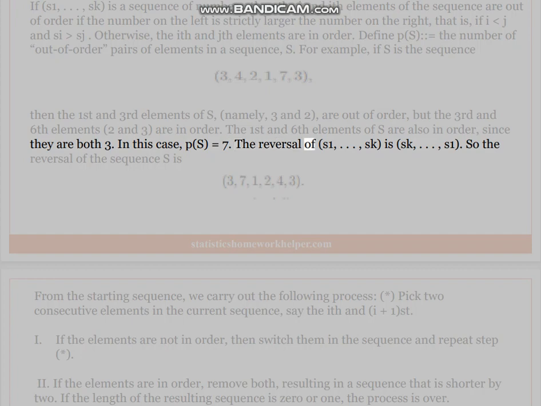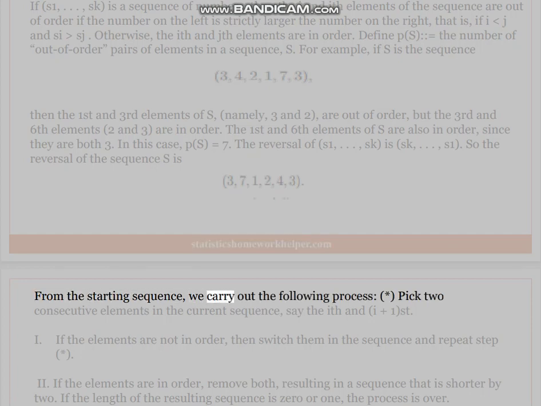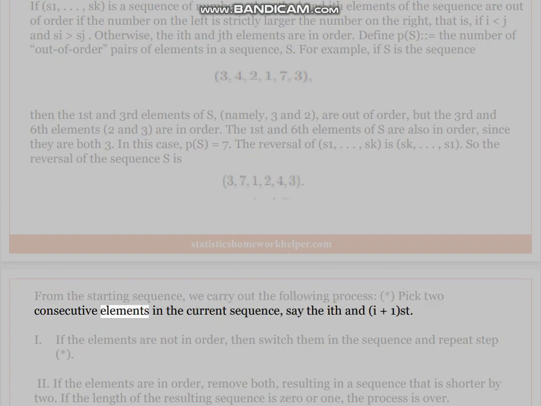The reversal of s1 through sk is sk through s1. So the reversal of the sequence S is shown. From the starting sequence, we carry out the following process. Asterisk: pick 2 consecutive elements in the current sequence, say the ith and i plus 1st.